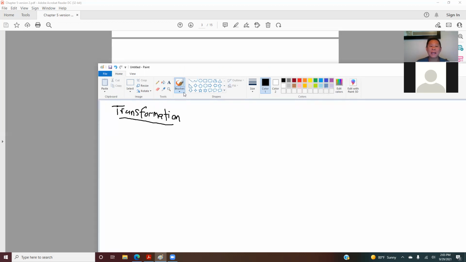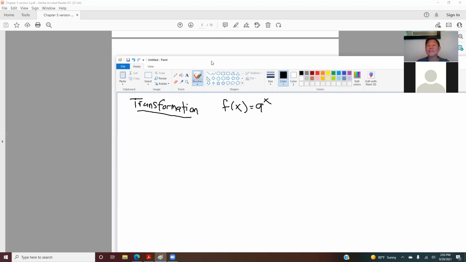So let's say that your original graph is a to the x. Again, a is any number you want. It can be a fraction as long as it is not 0, and as long as a in this case is greater than 0, and a in this case cannot be 1.